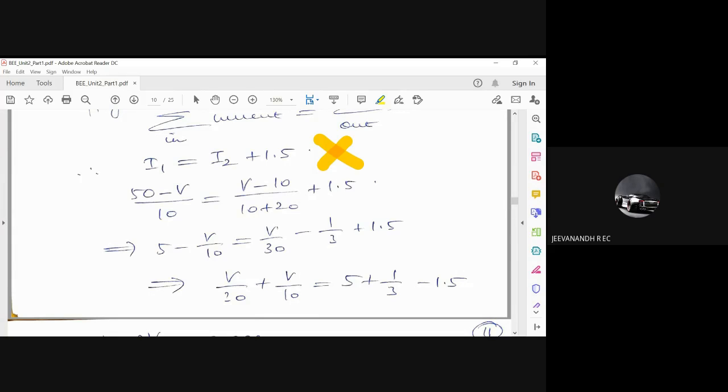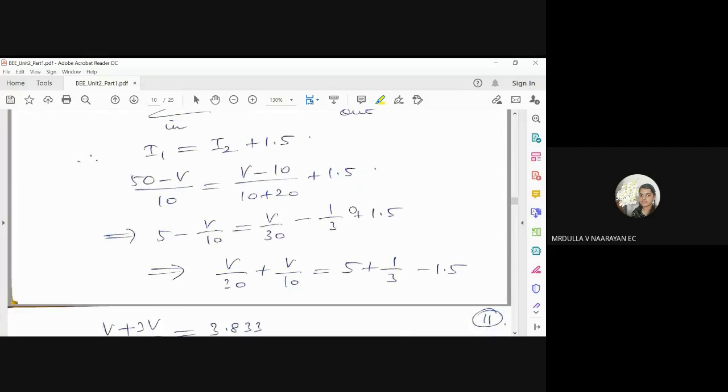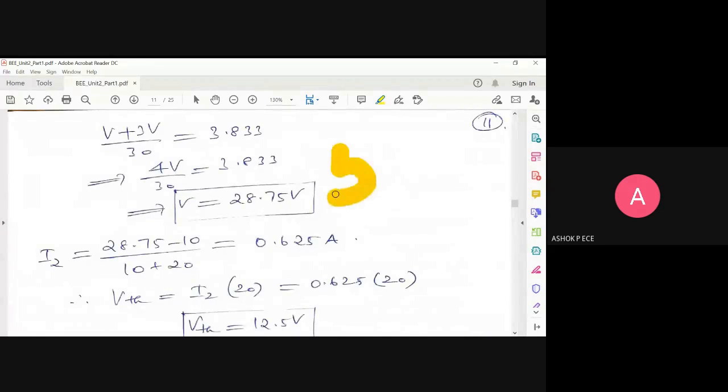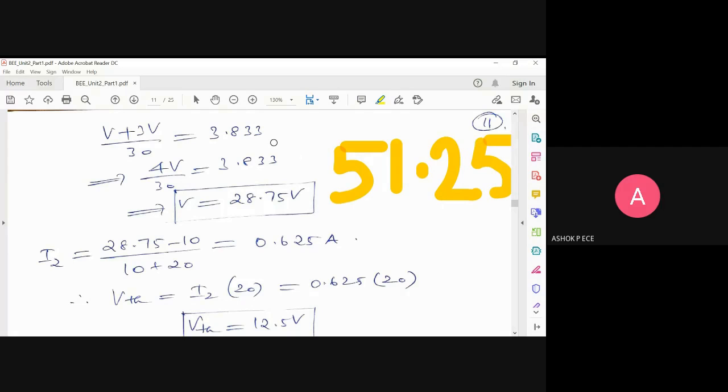Everyone getting 51.25? Yes, sir. So what I got is wrong. So it is 51.25. So see, I have made a mistake in writing the KCL equation, correct? So whatever I have assumed, everything will be wrong.